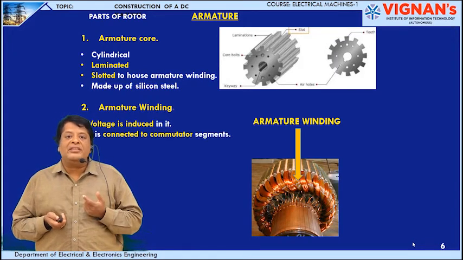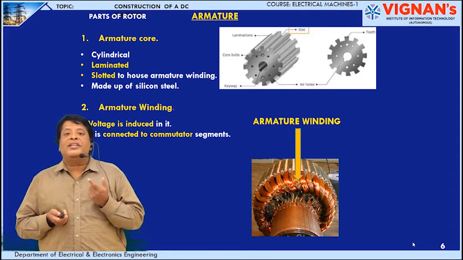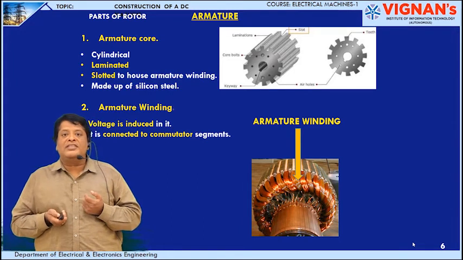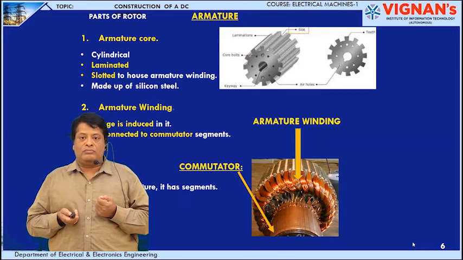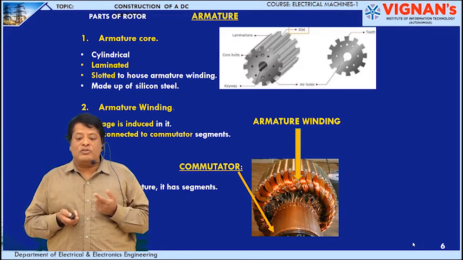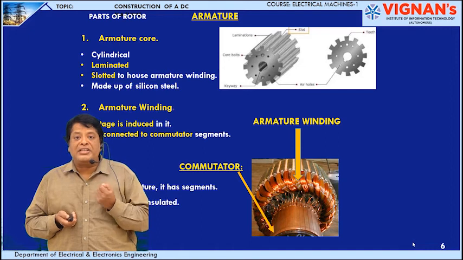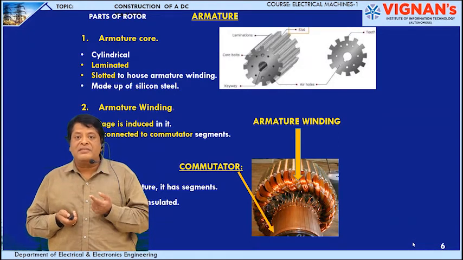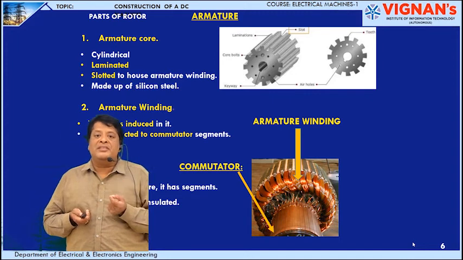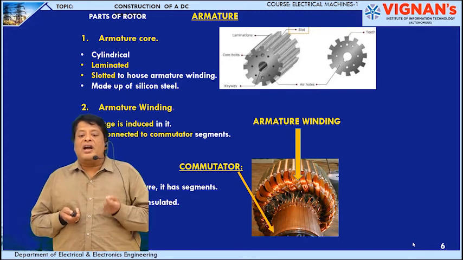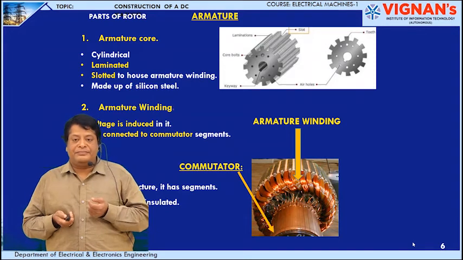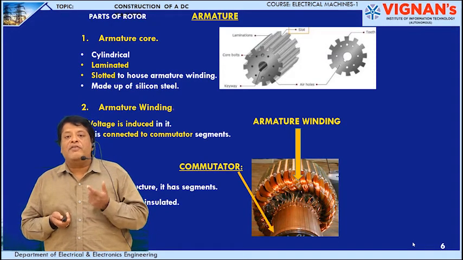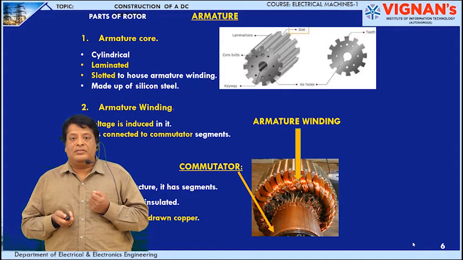All these windings are connected to the commutator segments. You can see the commutator segments in the figure also. The commutator is also cylindrical in nature. It has segments, and each segment is insulated from the other segment. It is made of hard drawn copper.